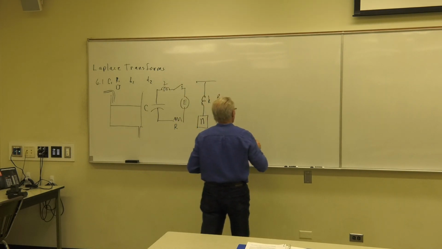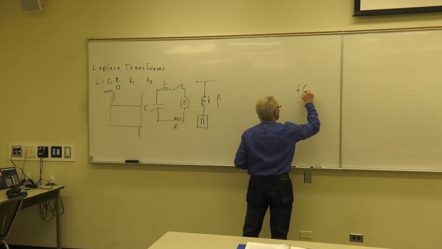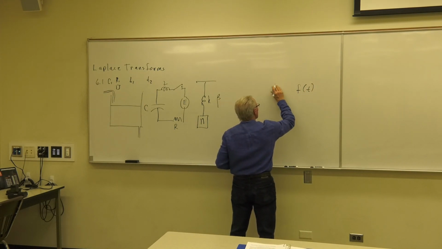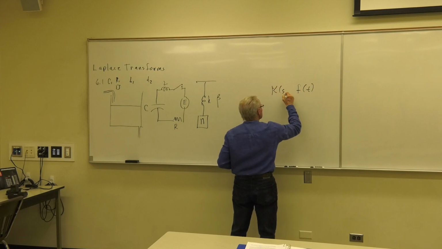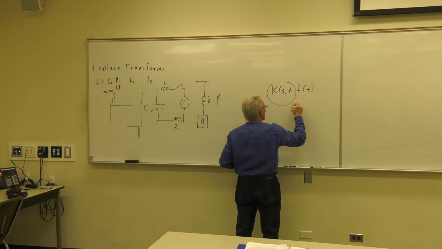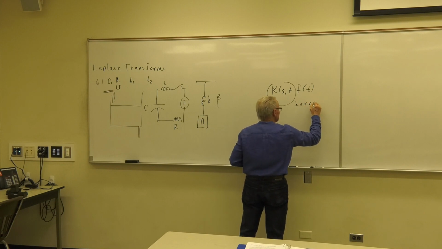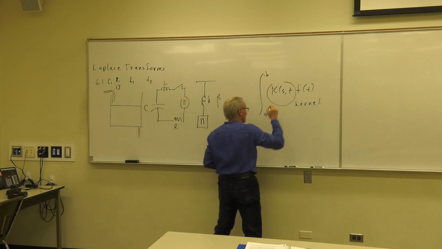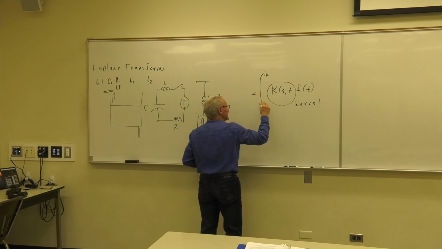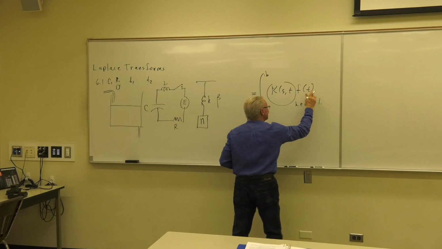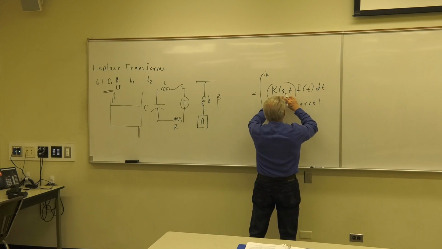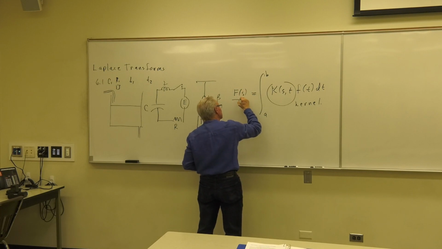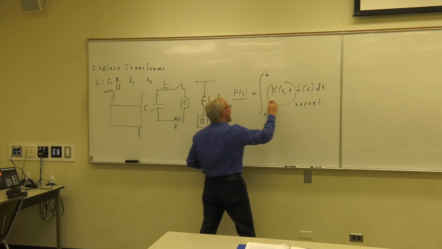They all look like the following. They take a function f of t, and they multiply it by some function called k of s and t. This is called the kernel, and it's given to you. Then you integrate this thing from somewhere to somewhere. If you integrate with respect to t, the s's will survive, and you call this F of s, the transform of that function.